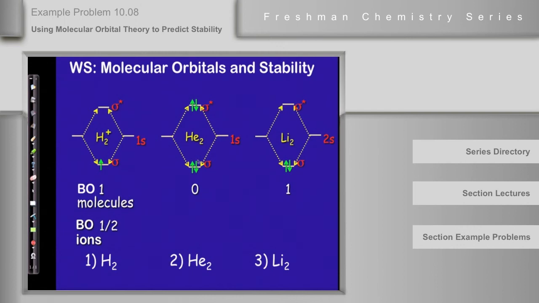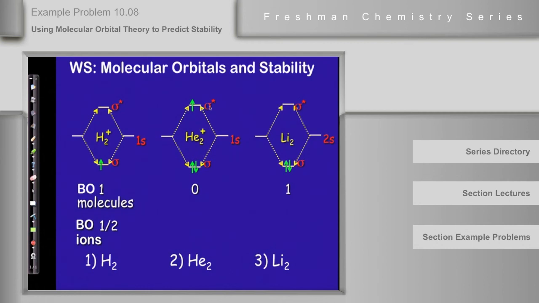If we look at He2, the highest occupied molecular orbital is the sigma star 1s up here. It has 2 electrons. And so for it to lose 1 electron, we would expect one of these electrons to be the one that's lost. For He2 plus, then, there'll be 2 electrons in the bonding molecular orbital and only 1 in the antibonding molecular orbital.